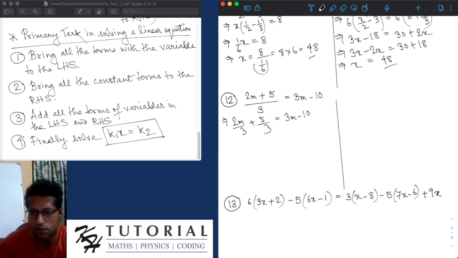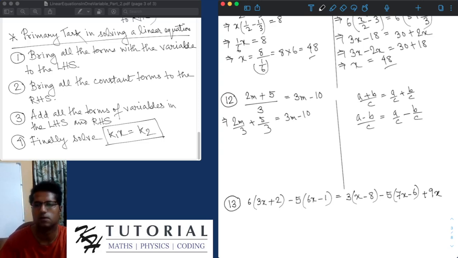The concept is a plus b by c, where a, b and c are numbers, obviously c is a non-zero number, is nothing but a by c plus b by c. Similarly, a minus b by c is nothing but a by c minus b by c.